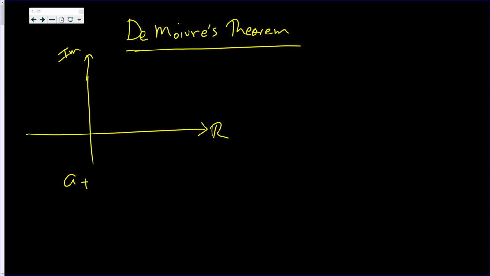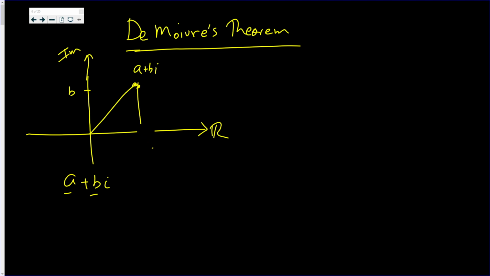So where would a plus bi be if a and b are real? So a is here and b is up there. So right here is a plus bi. That is where a plus bi is.